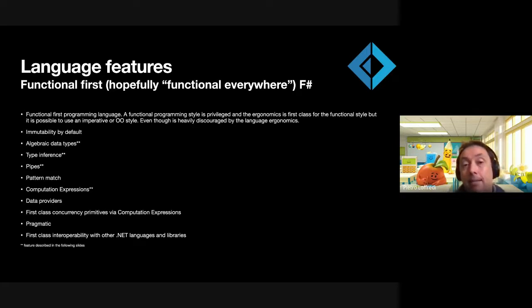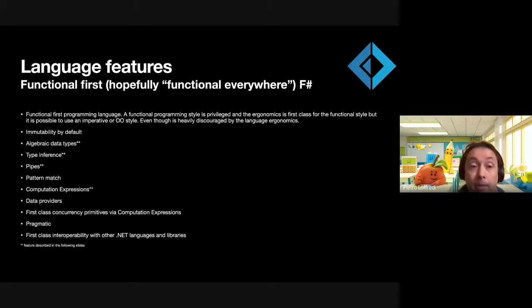This means that you can program in a functional style, but you are also allowed to program in an object-oriented or imperative style. This is discouraged by the ergonomics of the language, but is allowed. And this is very useful when you have to interact with other languages in the .NET ecosystem.